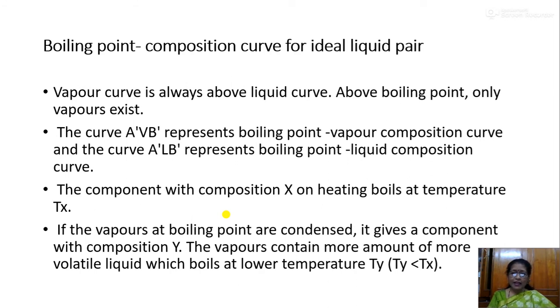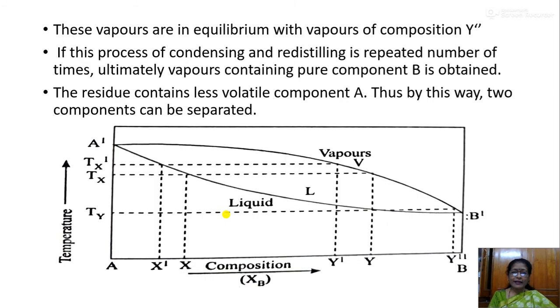Always Ty is less than Tx, that you can observe along the y-axis. Ty is the boiling point of Y. Y is the vapor as well as the Tx is a vapor of a component X.